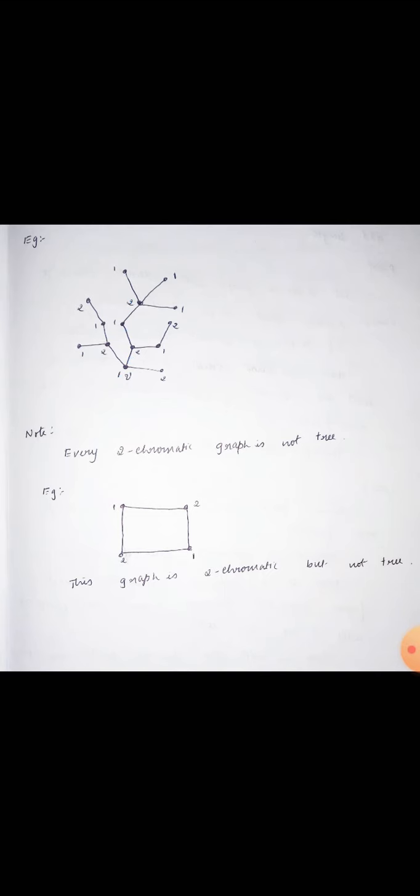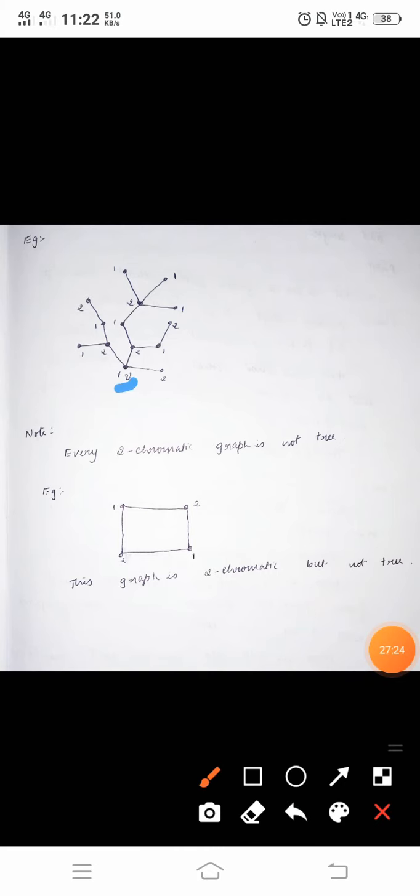So the distance is 2. That is even. The vertices which are at even distance from V have color 1.